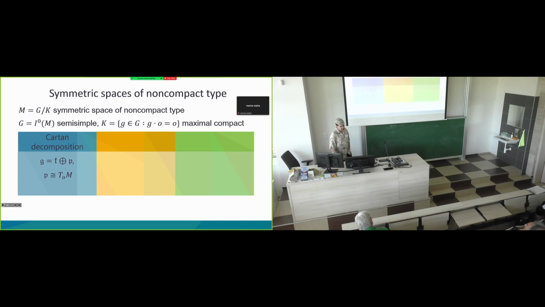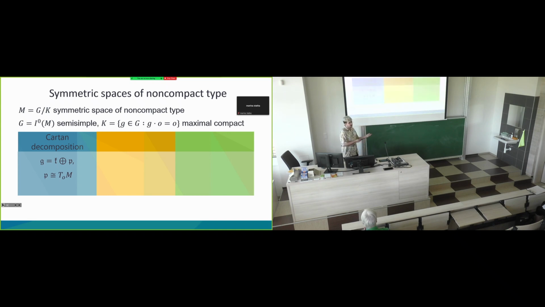As I said, take M to be a symmetric space of non-compact type. That means that it's a quotient of a non-compact semisimple Lie group G by the isotropy at some fixed base point, or if you want, a maximal compact subgroup.